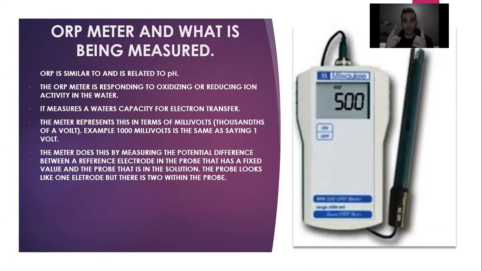So as the solution's pH, or what is in the water, if it's creating more oxidation or reduction, is going to change this value. What we're measuring on an ORP meter is not the voltage of the liquid, but the voltage between the two electrodes. That's indicating if a substance is promoting oxidation or promoting reduction.